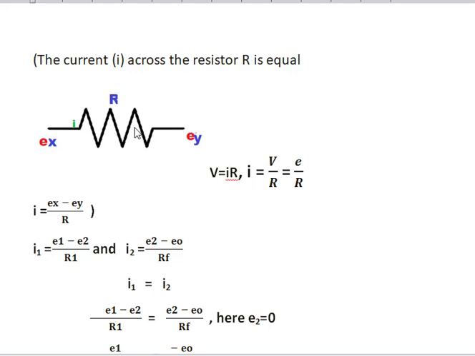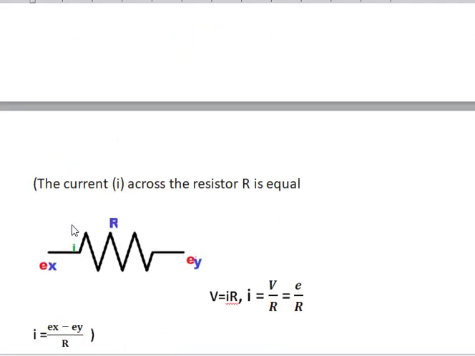Here, the current passing through this resistor is written like this. So the current is equal to the potential difference between the two end points of the resistor, that is EX minus EY, divided by the value of the resistor R. So the current I is equal to EX minus EY by R.